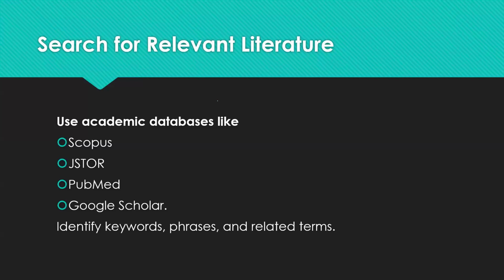Next are the multidisciplinary databases, which are known to everyone. It is Google Scholar, which provides access to a wide range of disciplines, including articles, books, and conference papers. Then another one is the Web of Science. It covers scientific, social science, and humanities content from high impact journals.